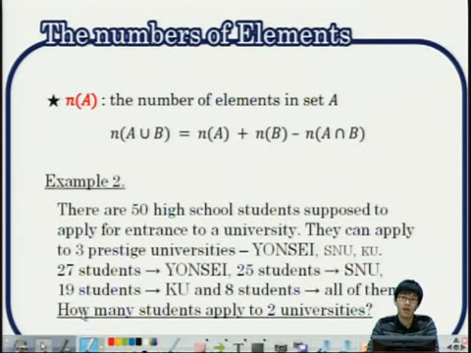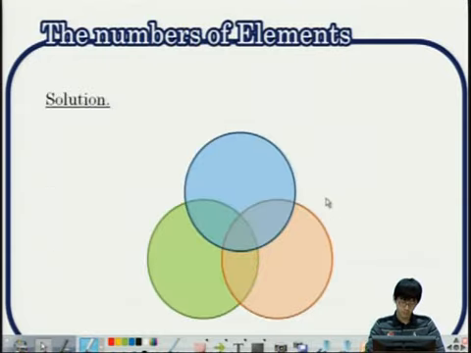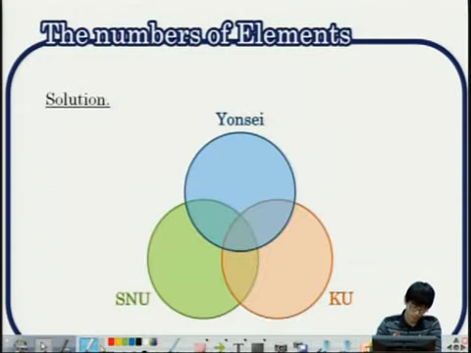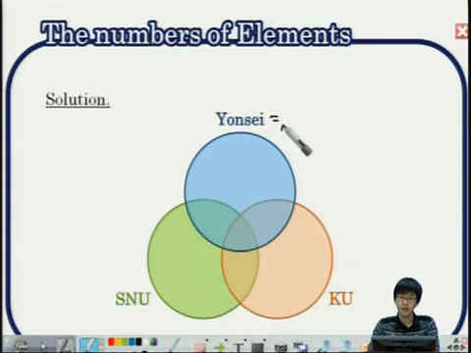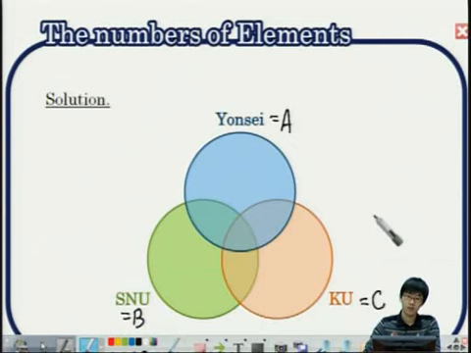By the way, how many students applied to 2 universities? So there is Venn diagram here, and let's say Yonsei is set A, and SNU is set B, and KU is set C. Then in the problem there was 4 things actually.